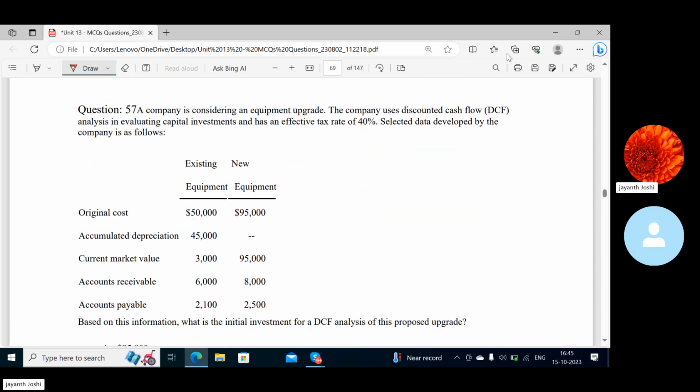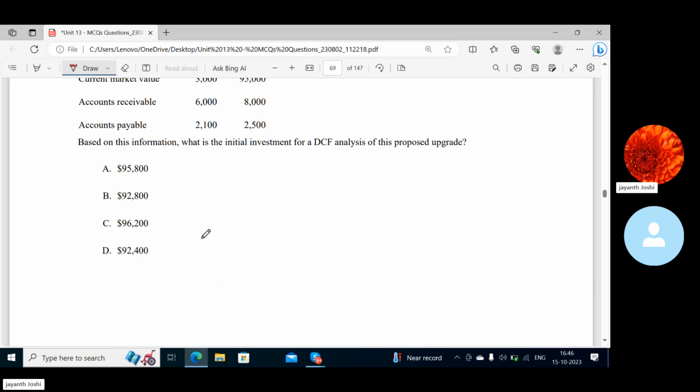Just go for this question. They're asking you, based on the information, what is the initial investment for DCF analysis of this proposed upgrade? They're asking you the initial investment. Try.